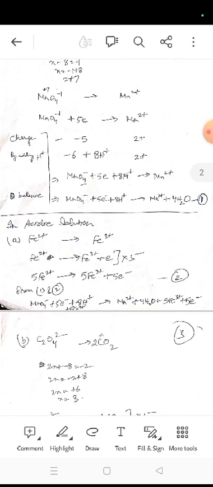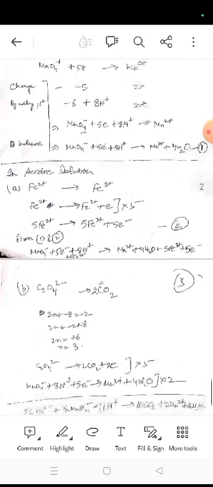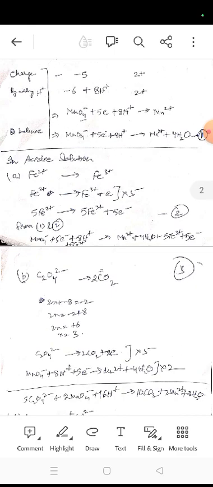The third equation is the example of the oxalate ion getting converted to carbon dioxide. First of all, the carbon atom is balanced. On the left side it is C2, so on the right hand side it is twice CO2. So here carbon is balanced.